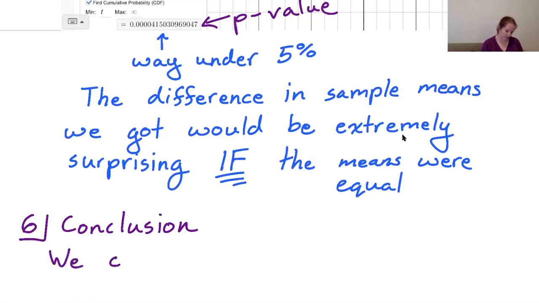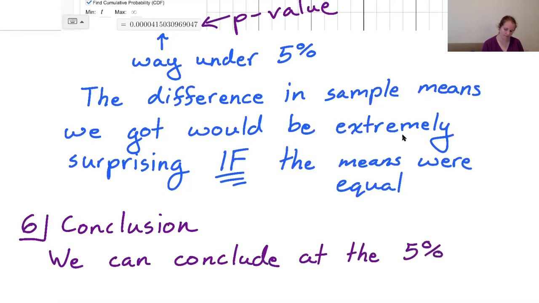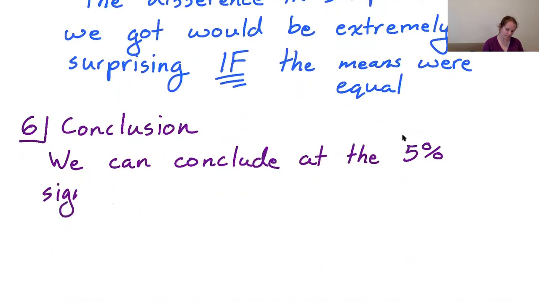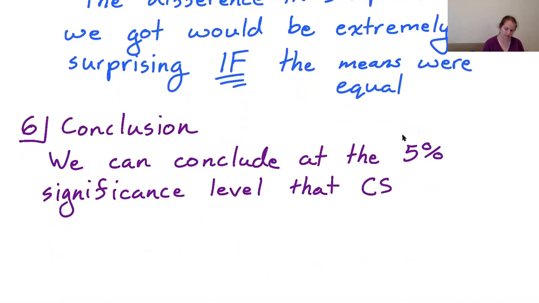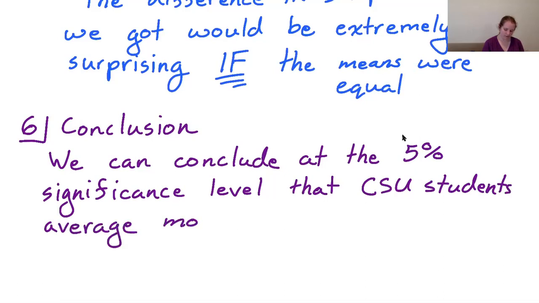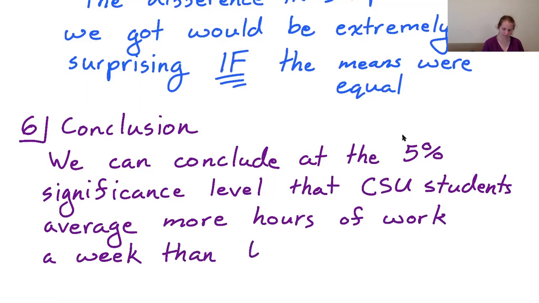So we can conclude at the 5% significance level that CSU students average more hours of work a week than UC students.